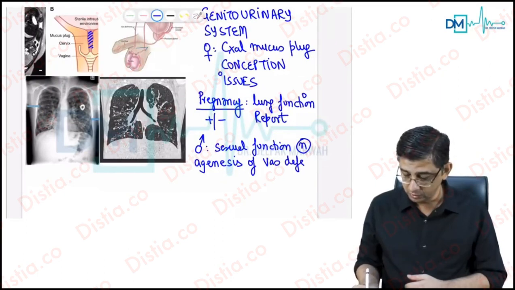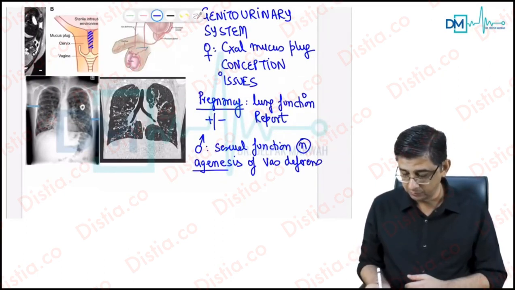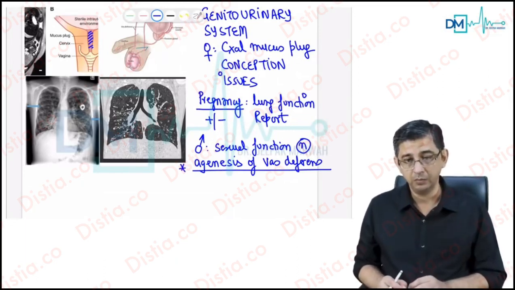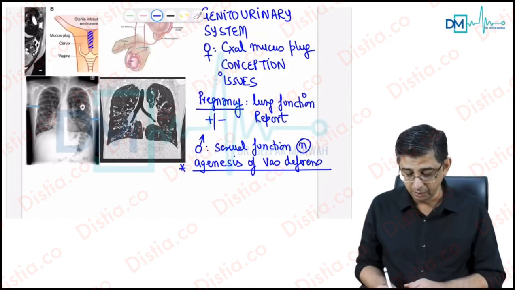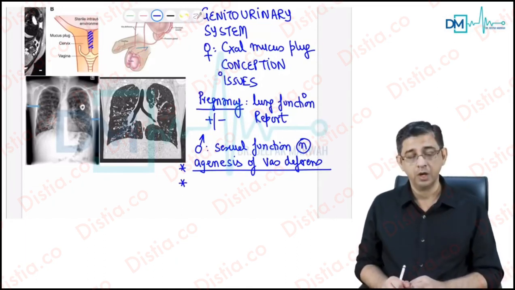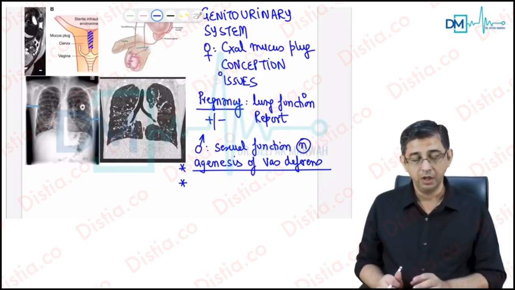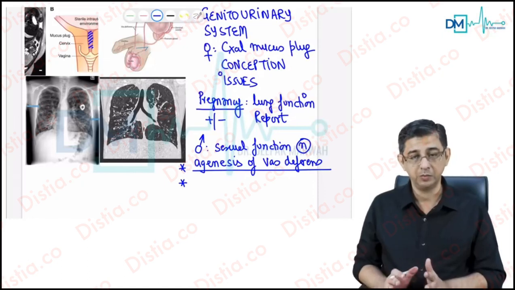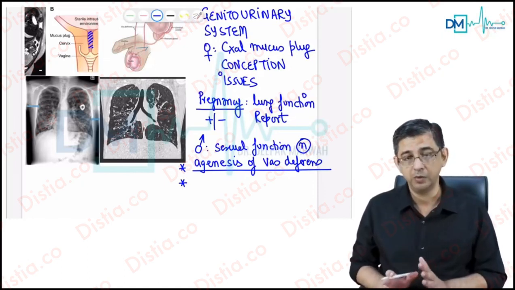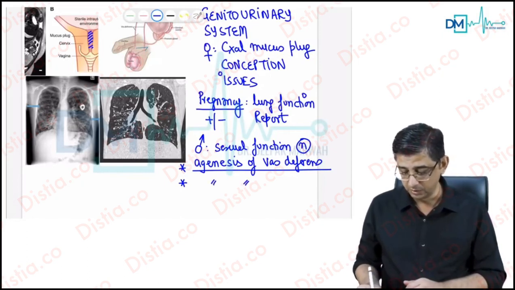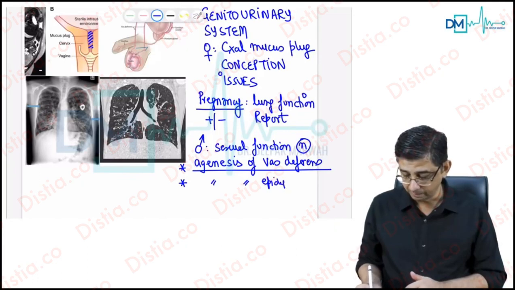In fact, this is the most important statement that I want you to remember for the topic of cystic fibrosis from a medicine perspective, because most of the time this pointer will indicate that we are not studying Kartagener syndrome. In Kartagener syndrome, we usually get infertility in a male patient primarily because of the motility of the sperm being defective. But here I'm not talking about problems with the motility of the sperm. I'm talking about agenesis of the vas deferens, and even agenesis or malformation of the epididymis would be present.